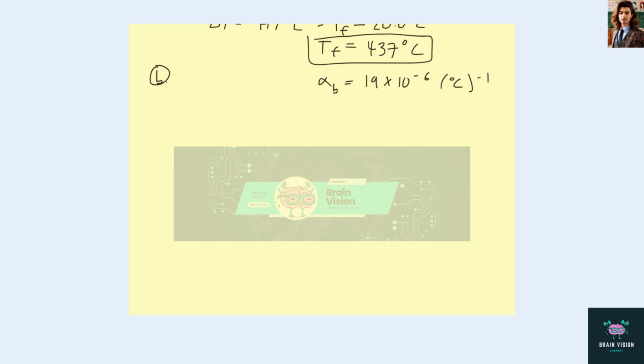Now we also need two expansion equations, one for the ring and one for the rod. So for the ring, we don't need to write delta D. We can do a D final minus D initial.